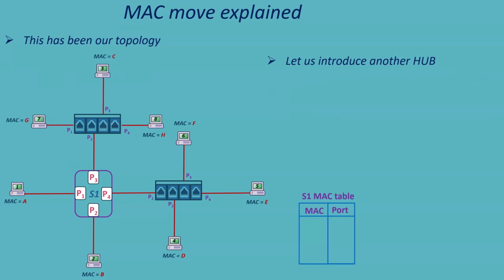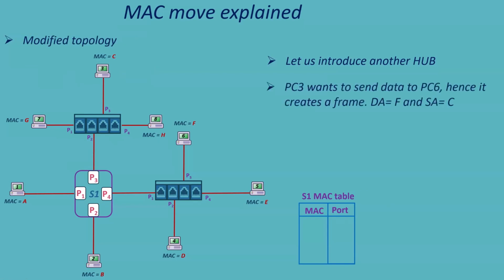So now on port P3 of the switch, a hub is connected, and PC3, PC7 and PC8 are connected to it. This is the modified topology.